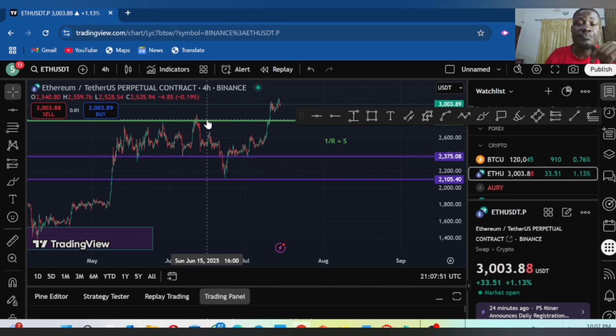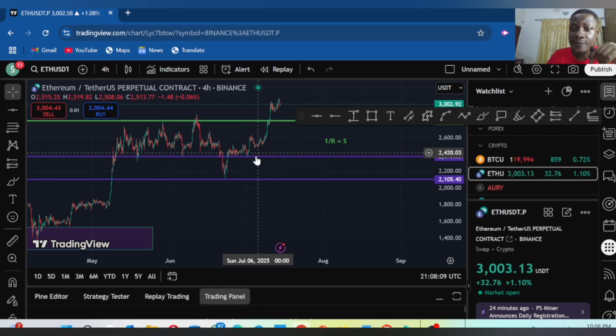And if you look here, you will see that this was once a resistance level, but now the market has broken above it, and we have already turned this previous resistance into what? A support. Here the market was using this before as what?